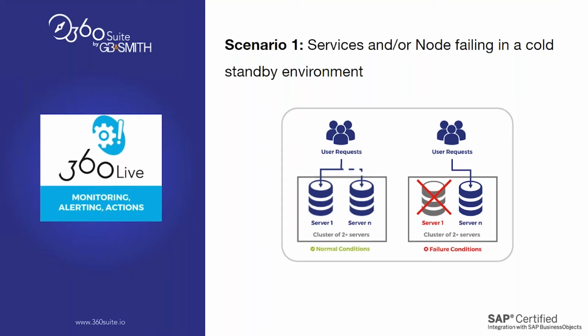The idea here is the first server will serve the users and the requests to view and schedule reports. And if something goes wrong with the first node, either some services are no longer working or the first node goes down, then you will manually start this second server to continue serving the users.